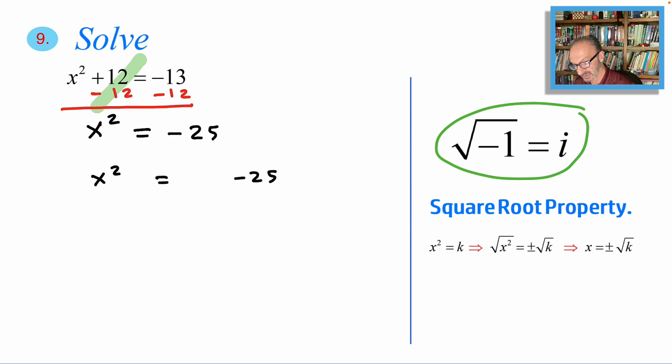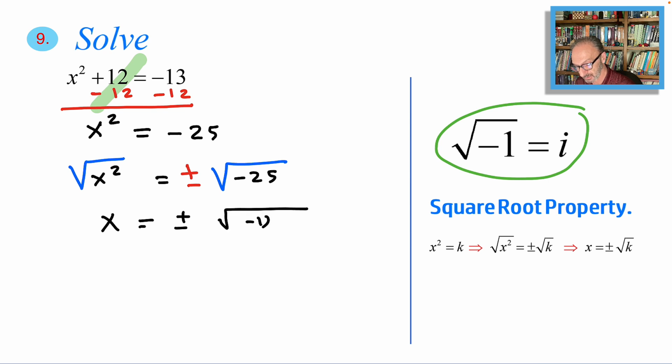I moved it a little bit to the right so I could add the square root. And not only that, add the plus minus as needed. So we need the plus minus right here to show up. Left hand side is x by itself. Right hand side is actually plus and minus square root of -1 times 25, which is plus minus square root of -1 times square root of 25.